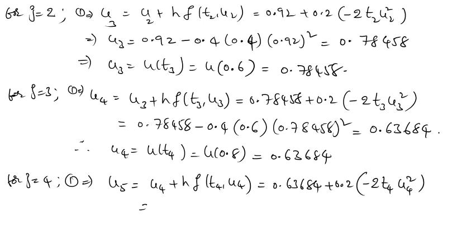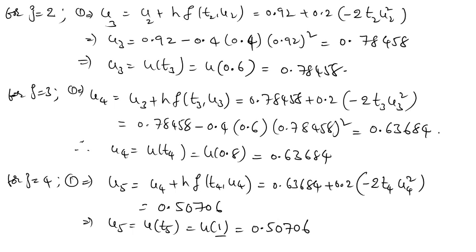After substituting everything, this value is 0.50706. Therefore u5 means u of t5. What is t5? It is 1. This value is 0.50706. So the interval is 0 to 1, and we are getting the solution up to u of 1. This is with h equal to 0.2.